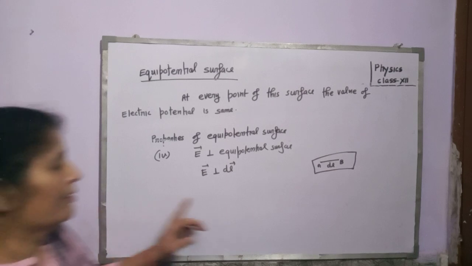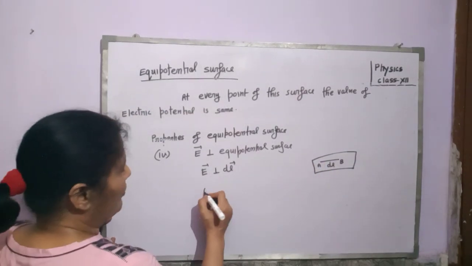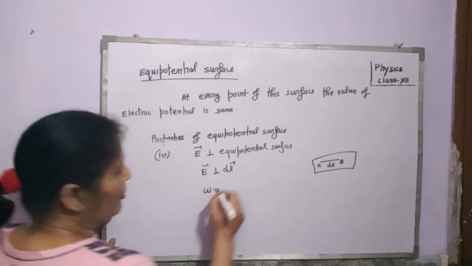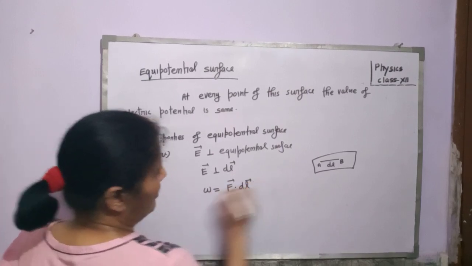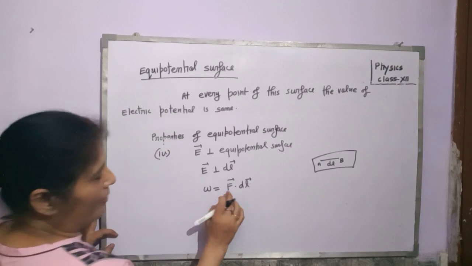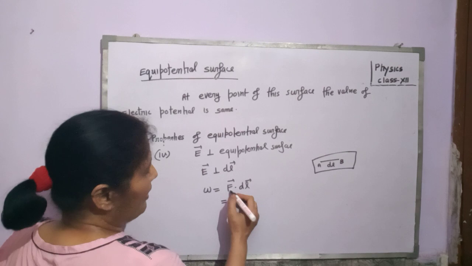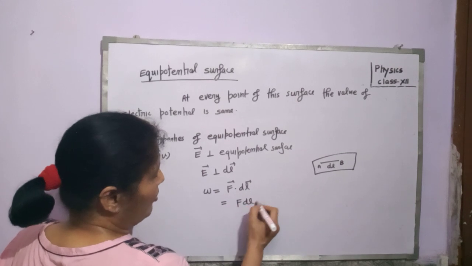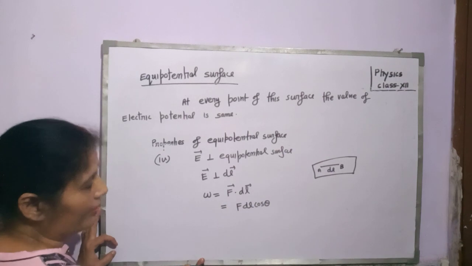Now the work done in carrying a charge Q naught from A to B: W is equal to F dot dl. We don't know the angle between the force and dl. Now you can write W is equal to F dl cos theta, where theta is the angle between these two vectors.